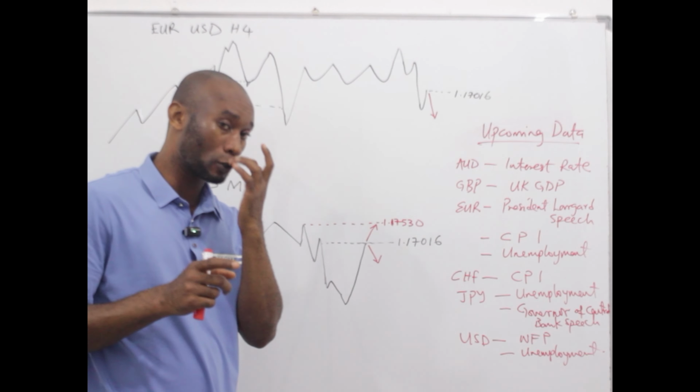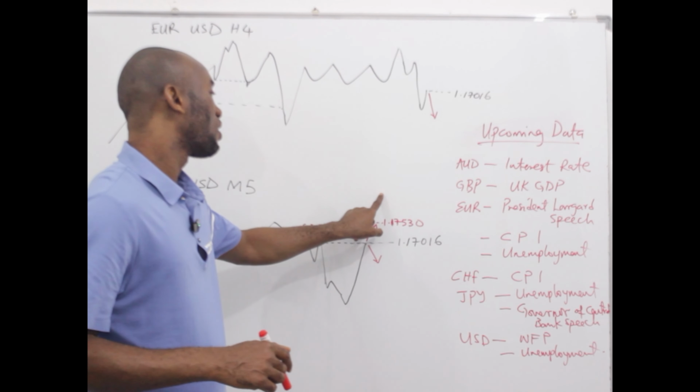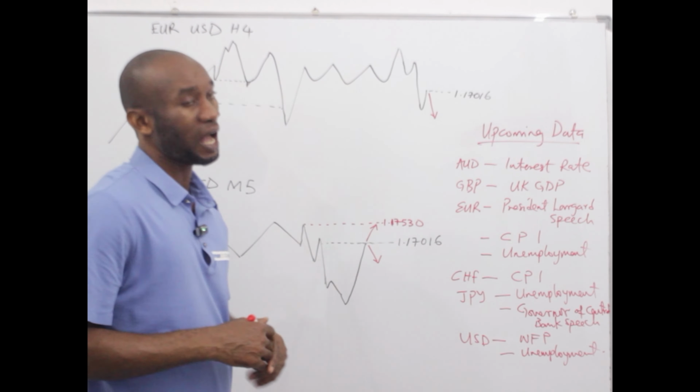It needs to break this, it needs to break this. And when it breaks it, if it actually wants to take up a great momentum to move up further, it's going to stall down a little first before finally moving up. So if it breaks this price, it may stall a little before going up.